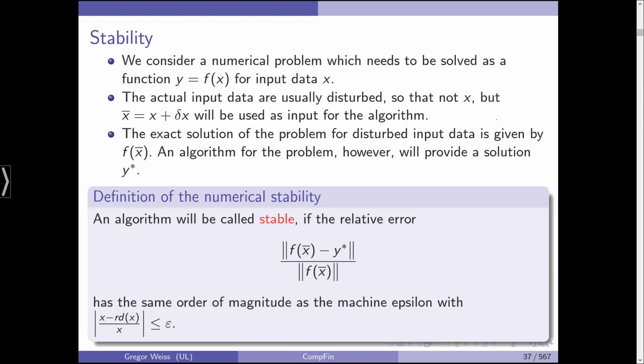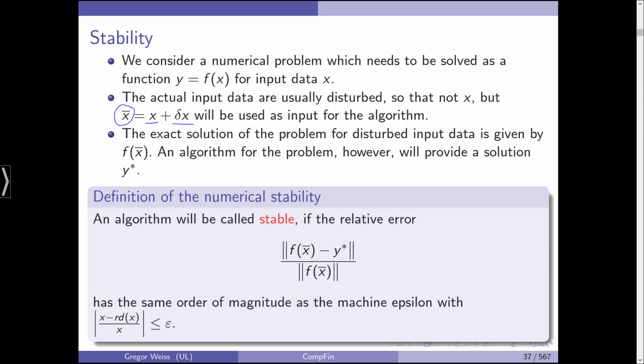Now, we consider a numerical problem as a function f that uses input data x and produces an output y. First, the actual input data might be disturbed. So there is an error, delta x, that goes into our input data, and we are actually not working with x, the true input data here, but we are actually working with x plus a disturbance or an input data error, and thus we only can use x bar.